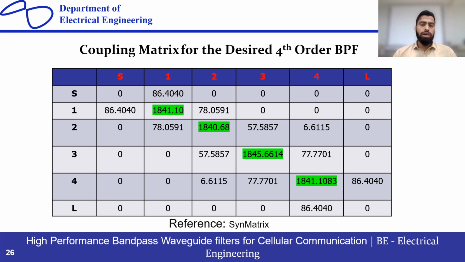Okay, so this is the coupling matrix for the desired fourth order filter. Actually, the coupling matrix helps us to understand the concept of the filter, on which frequency each resonator is resonating. So the first resonator is at 1841.10 megahertz, and the second one is resonating at 1840.68 megahertz.